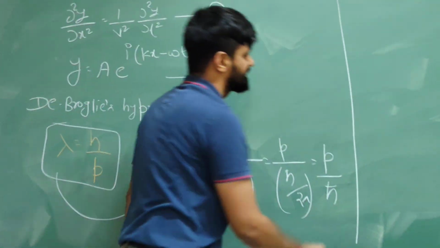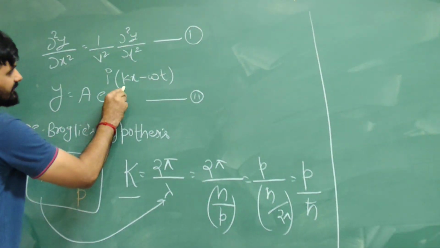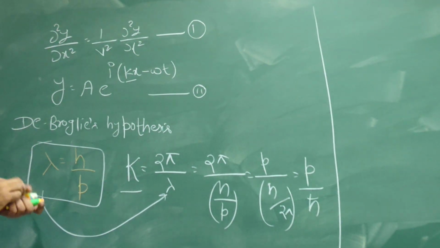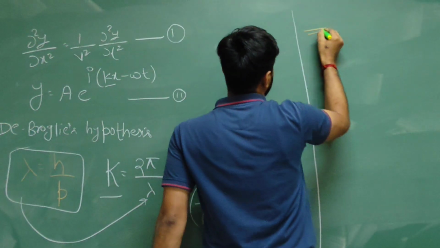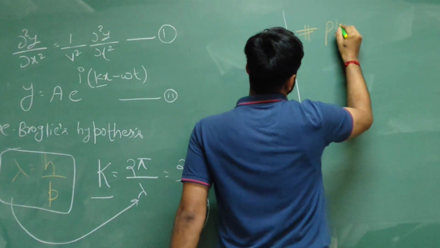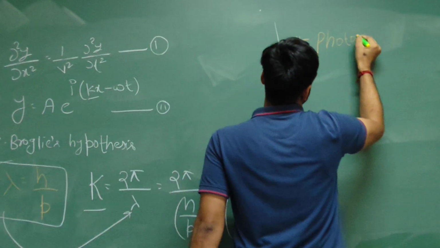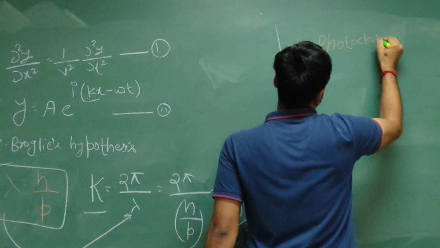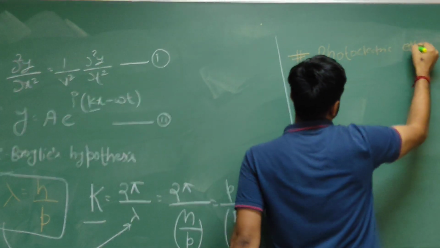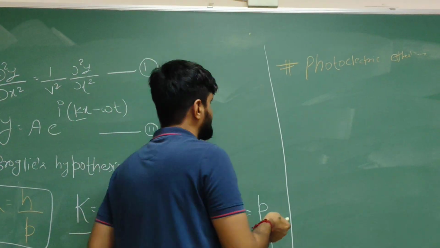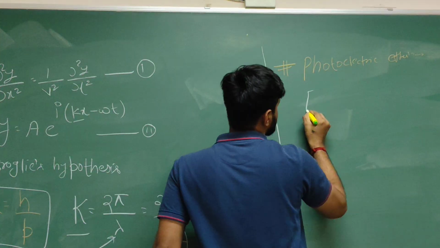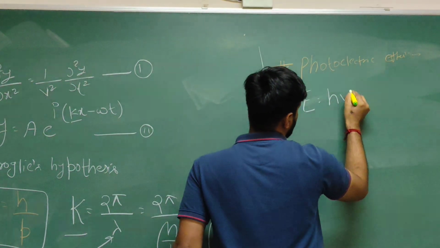This is one parameter that we have calculated that we will need while substituting in the second equation. Next, from the photoelectric effect, we know that the energy E equals h nu.